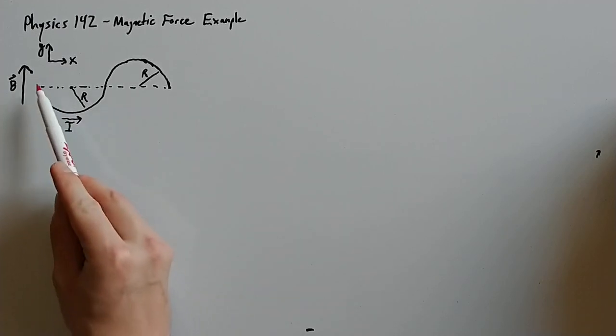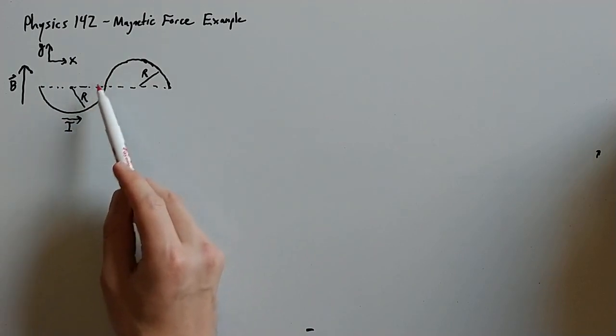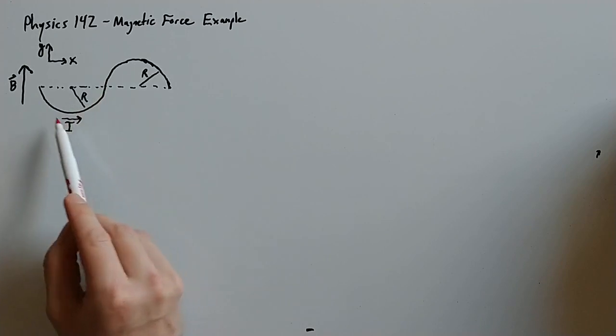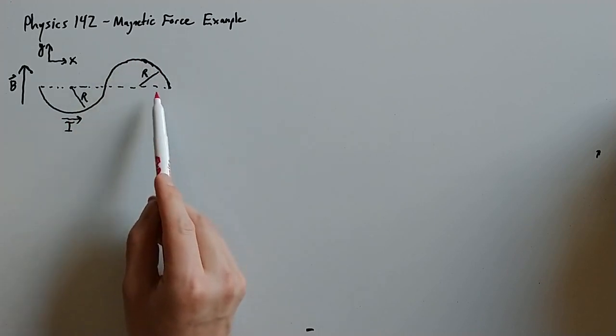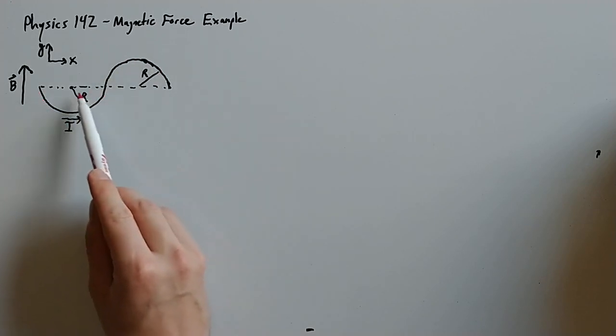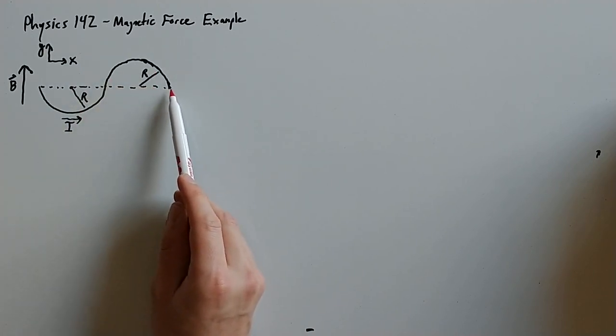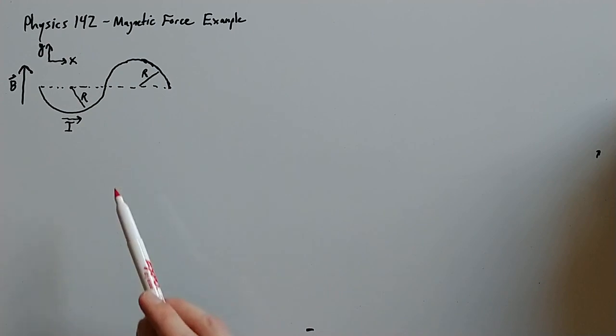Here I have a wire that is bent into two half circles. Here is a half circle of radius r, and here we have another half circle of radius r.